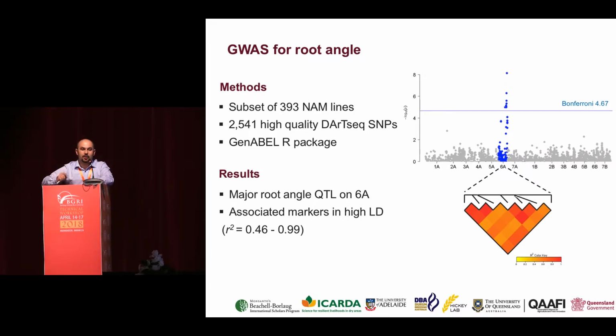When I looked at the correlation between the markers highly associated with root angle, I found that they were in high linkage disequilibrium. What that means is that it is more likely for them to co-inherit.